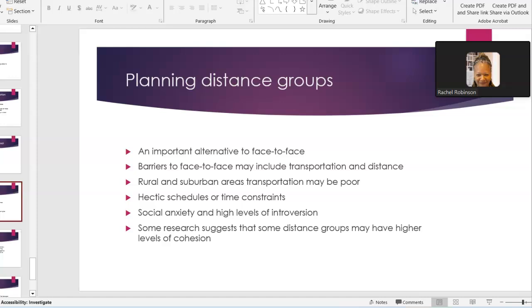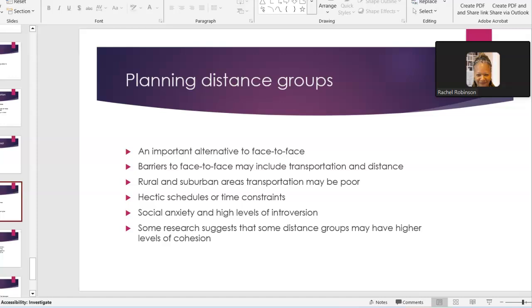It might be that Nancy is considering planning a distance group based on the logistics of the moms getting home and not being able to get childcare, however that works. So it does act as an important alternative to face-to-face. It's good for folks that, once again, if there's transportation, childcare, etc. So in rural areas, it might be particularly important.